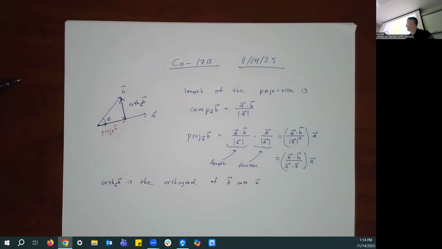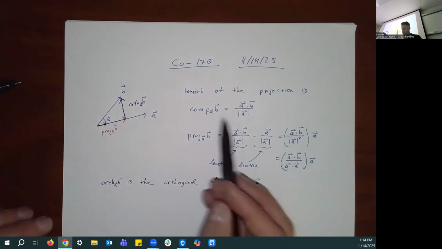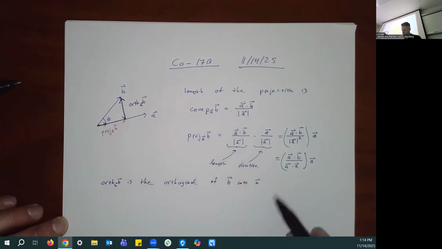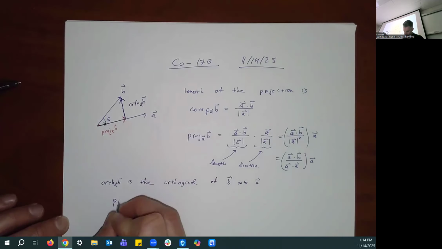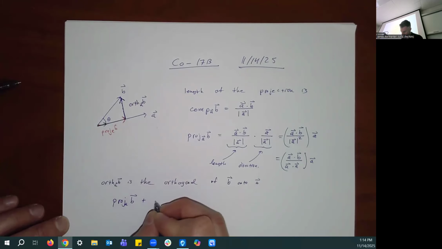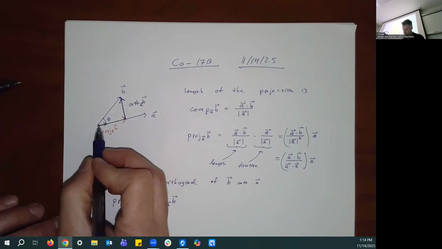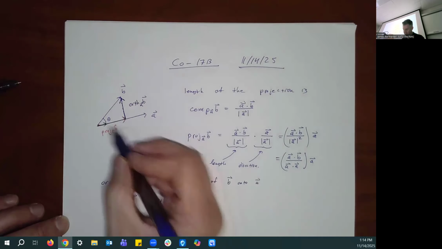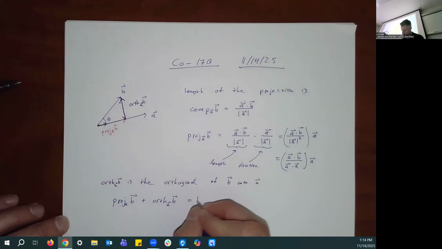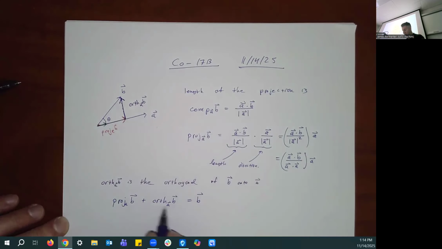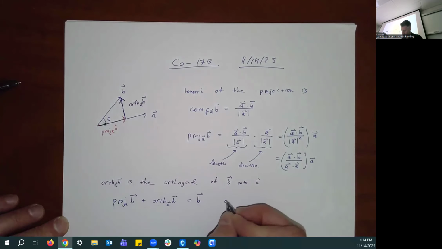Whatever we call it, it's not nearly as terrible to calculate. If you've already calculated the projection, it's very straightforward to say that the projection of B onto A plus the orthogonal of B onto A, you start here, you do the projection, you do the orthogonal, that just adds up to the vector B. So if you're trying to find the orthogonal of B onto A, you're just going to do B minus the projection.